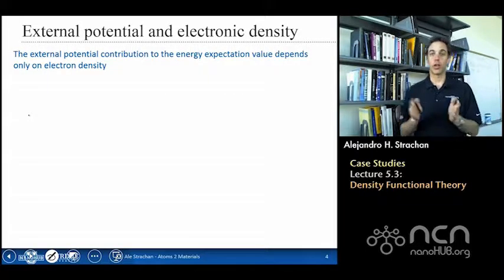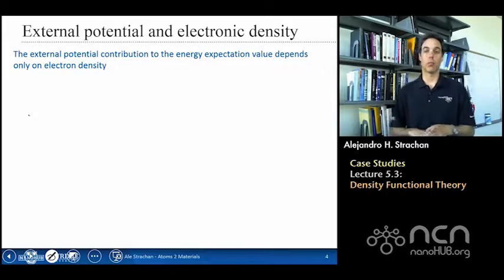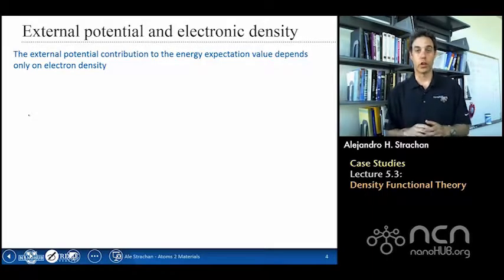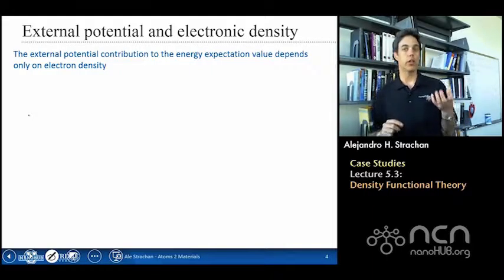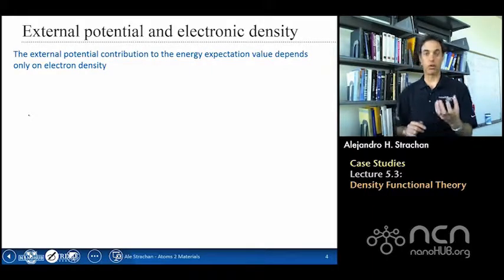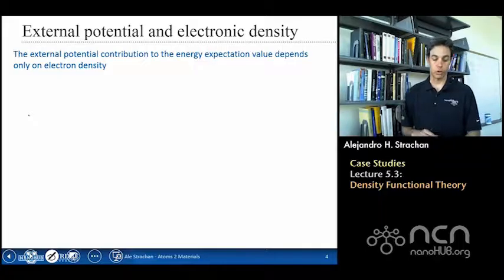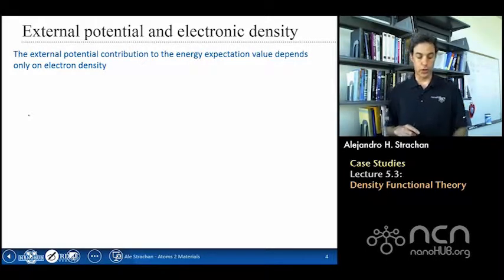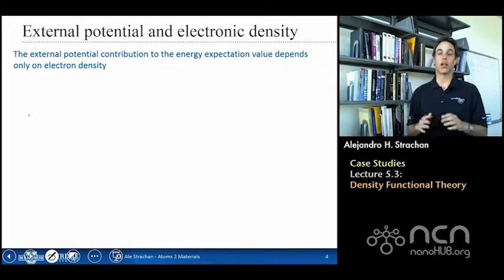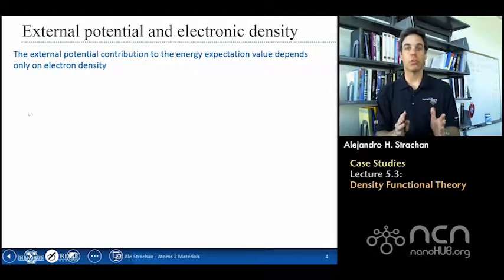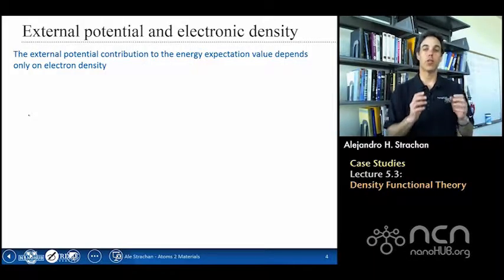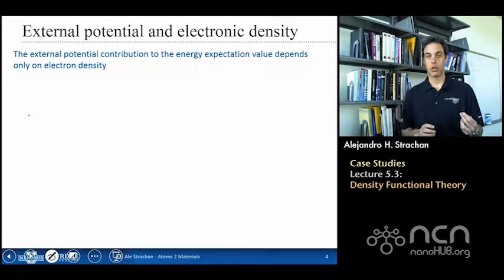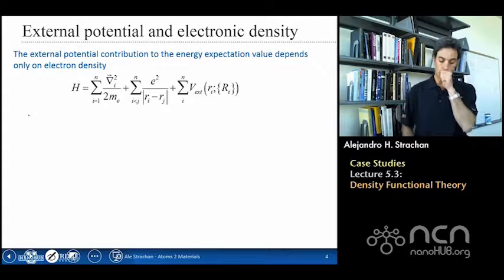Great. So now we're getting closer to proving the Hohenberg-Kohn theorem, where we're going to show that the electron density plays a central role in the formulation of quantum mechanics. Before doing that, we're going to show that the contribution of the external potential to the expectation value of the energy is only a function of the electron density.